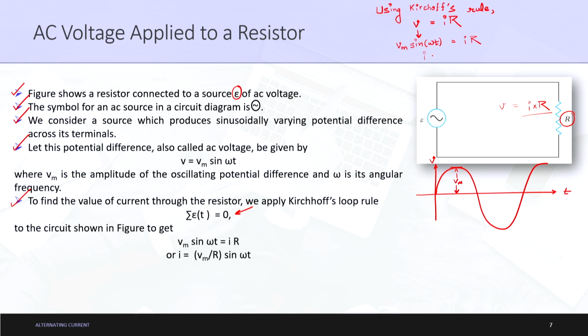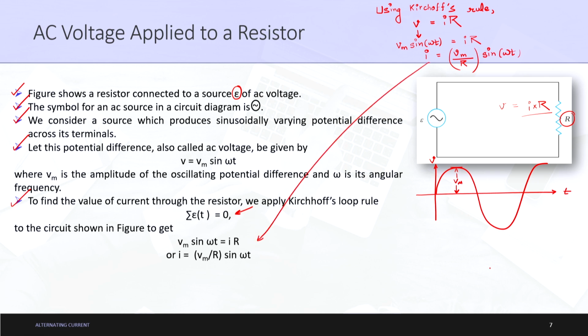So, what is the current flowing in the circuit? The current flowing in the circuit is nothing but Vm by R sin omega t, which is being explained here. Okay.